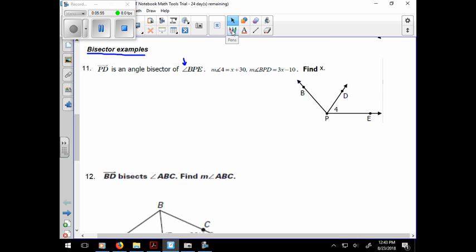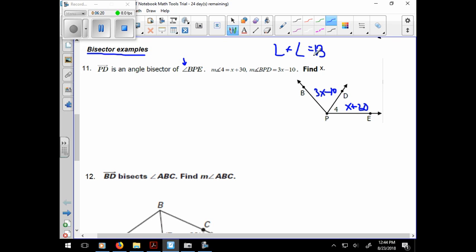Alright, so it says the measure of 4 is x plus 30. So I got that x plus 30. Okay. BPD is 3x minus 10. Now, we always have little plus little equals big, but you have to remember, if something's cut in half, the halves are equal.